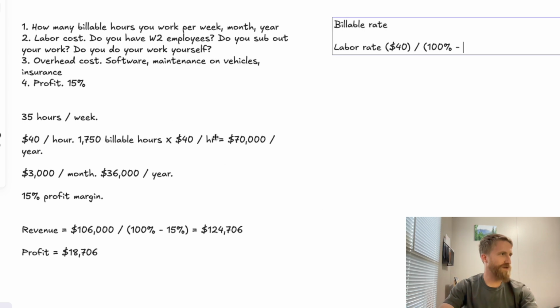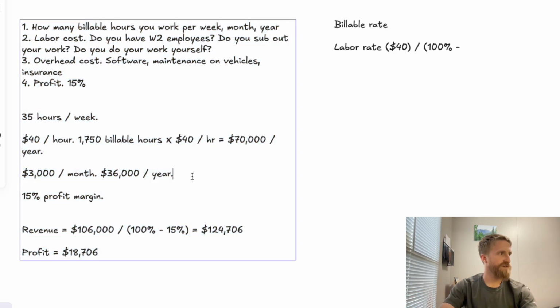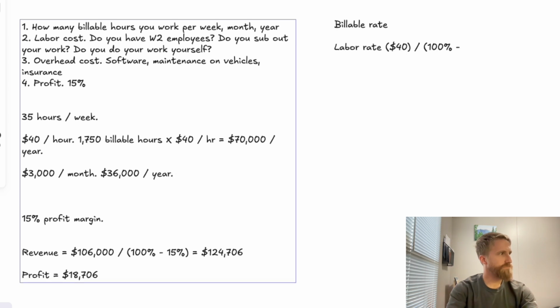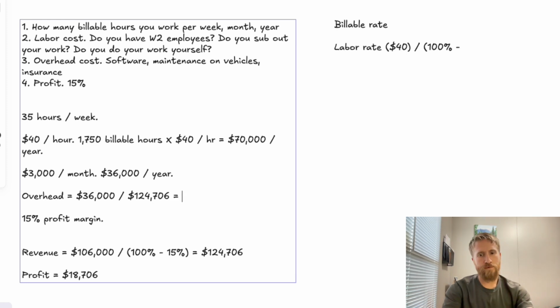We did all the work here to get our overhead number, so our overhead percentage is going to be what percent of our total revenue is overhead. So our overhead is going to equal 36,000 divided by 124,000, and if we perform that, we're going to get about 29%.